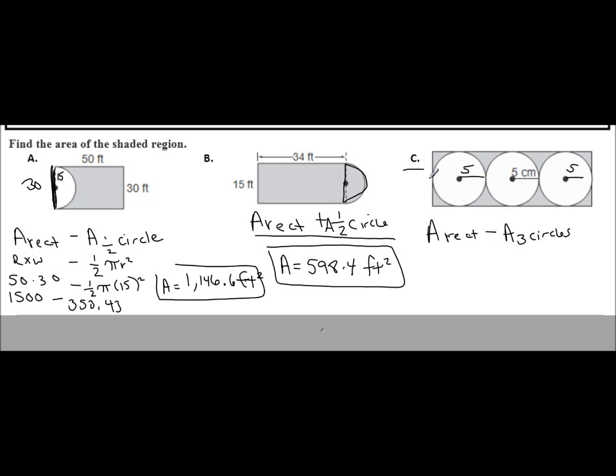And all of these radii are going to help us to find the entire length of the rectangle and the entire height of the rectangle. Alright, I'd like for you to pause the video and see if you get what I get for this next example C. Okay, and I got a total of 64.4 square centimeters. If you have trouble with that, raise your hand or ask a neighbor.